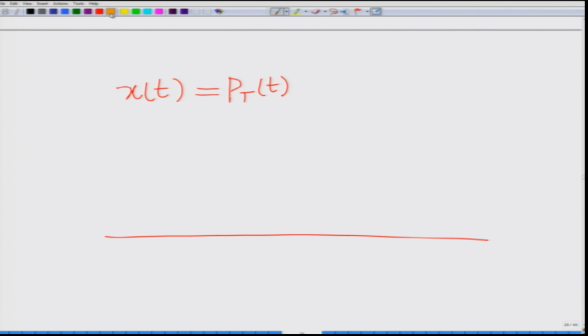It is a pulse of width capital T, which can be represented as follows, that is the pulse of height unity from minus T by 2 to T by 2. So, the width of the pulse is capital T, and outside of this window of size T, it is 0.